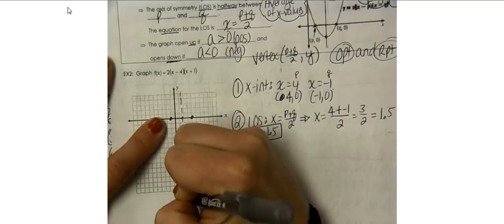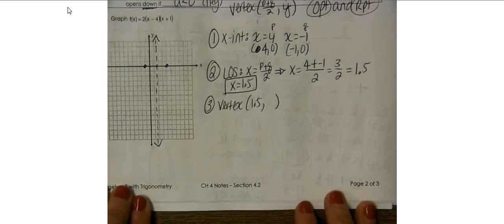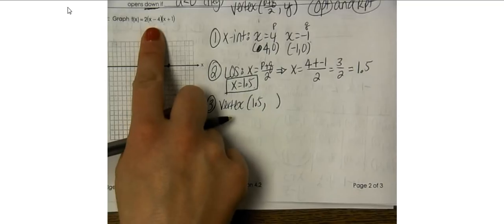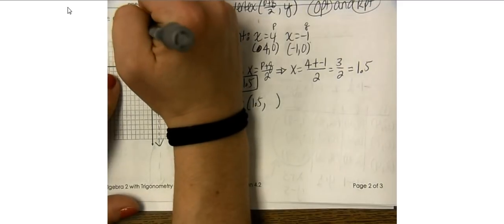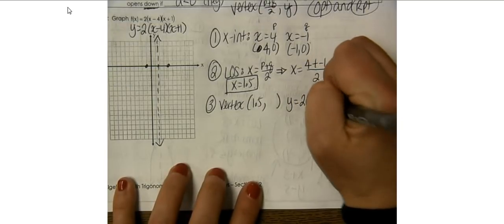Next, I need to identify my vertex, and my vertex is going to be located where x is equal to 1.5 because it always goes through my line of symmetry. Now I need to substitute 1.5 into my original function in order to find what my y value is. If it helps to rewrite this equation as y equals 2 times x minus 4 times x plus 1, that's perfectly fine. You don't have to make that change. So I'm going to write y is equal to 2 times 1.5 minus 4 times 1.5 plus 1.